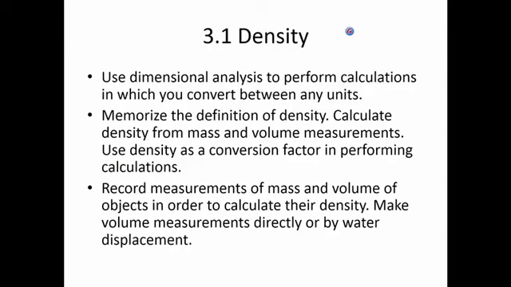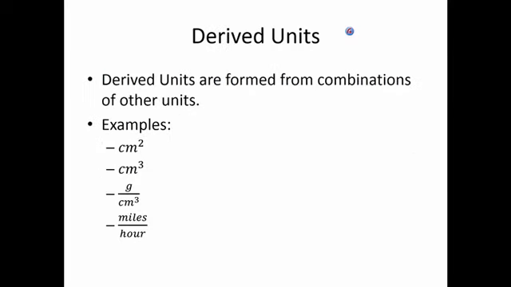Use dimensional analysis to perform calculations in which you convert between any units, memorize the definition of density, calculate density from mass and volume measurements, use density as a conversion factor in performing calculations, and record measurements of mass and volume of objects in order to calculate their density. Make volume measurements directly or by water displacement.